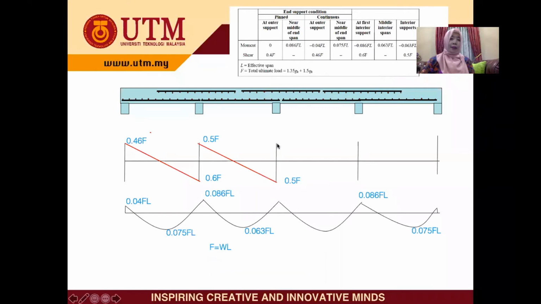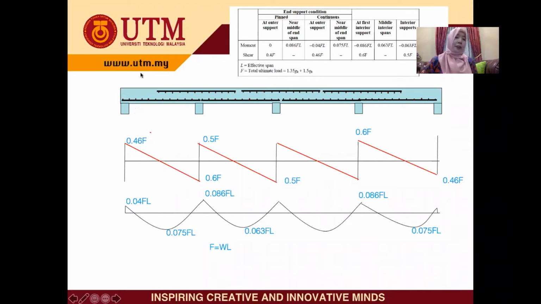Continue with 0.5, 0.6, 0.46. So you can see the difference.